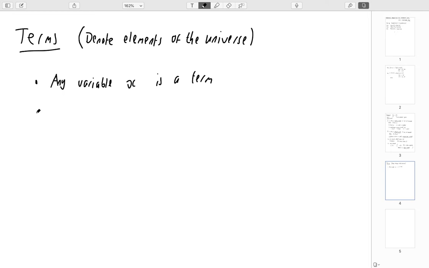And secondly, the only other way we have of building terms is that we can build them inductively in the following way. Once we've built smaller terms, we can create a larger term.